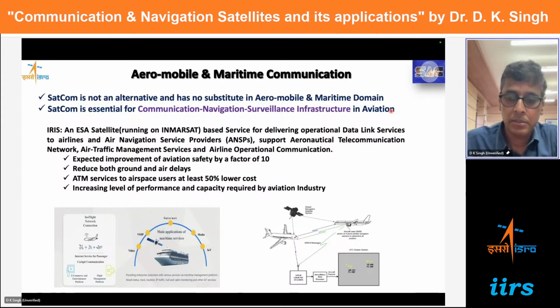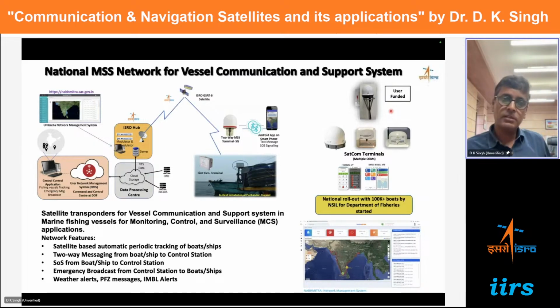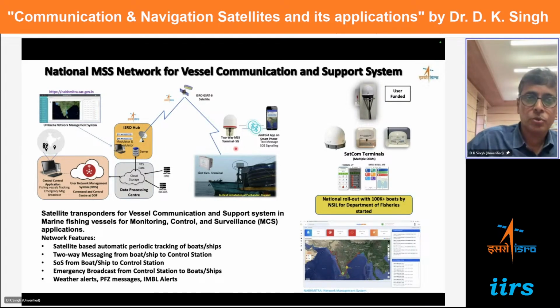One is the mobile satellite network for vessel communication. ISRO has created the whole system: satellite, hub station, as well as end user terminal. They are deployed on various ships and they can have their position reported. They can be tracked sitting on the ground.